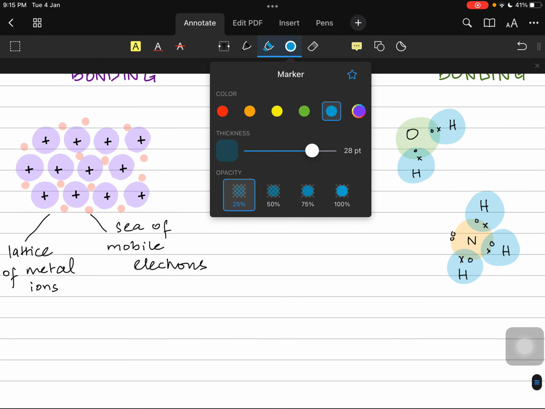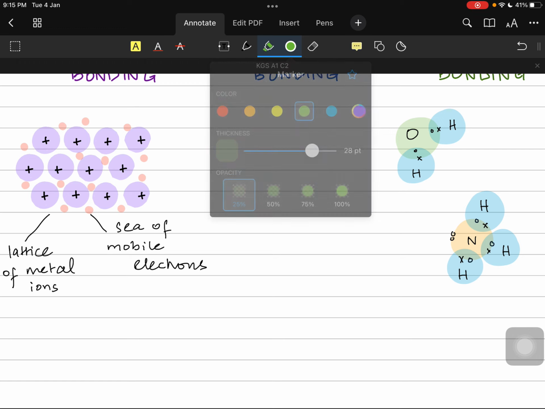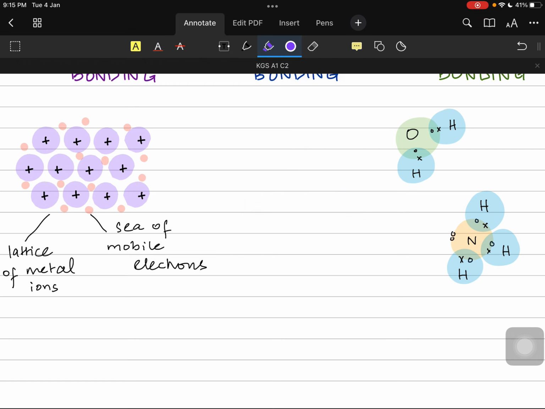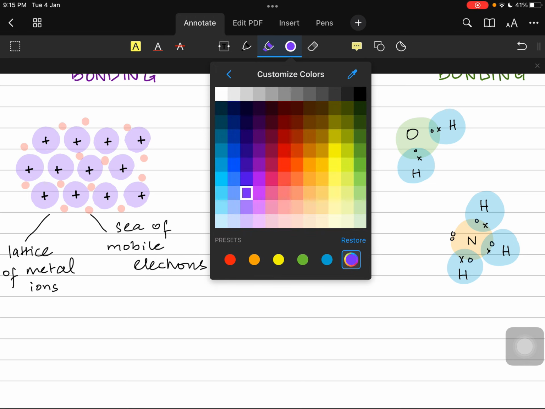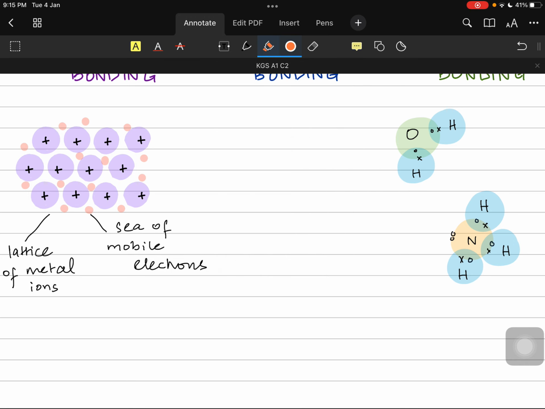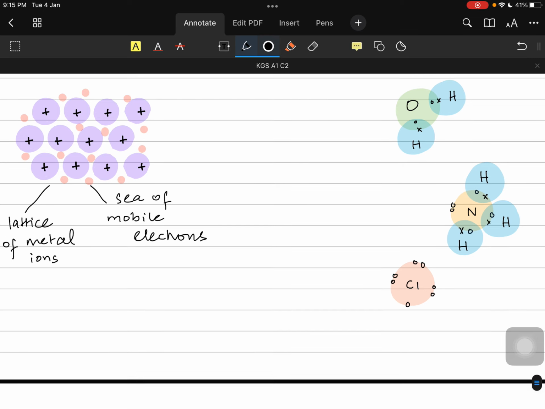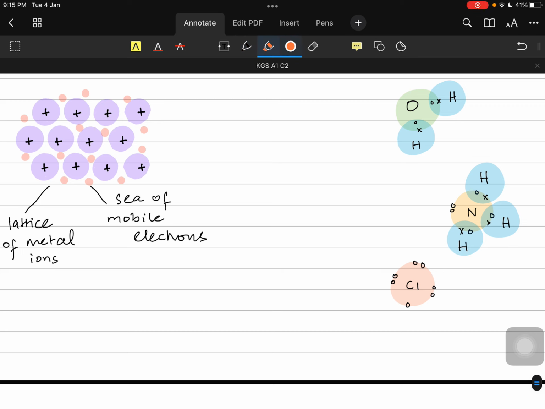Similarly, let's have another example. Let's say it's chlorine, and let's suppose I bring this orange color. If you have one chlorine atom which has 7 electrons in the last shell, and there's another chlorine atom like this, which also has 7 electrons in the last shell, then one chlorine atom makes a bond with another chlorine atom.